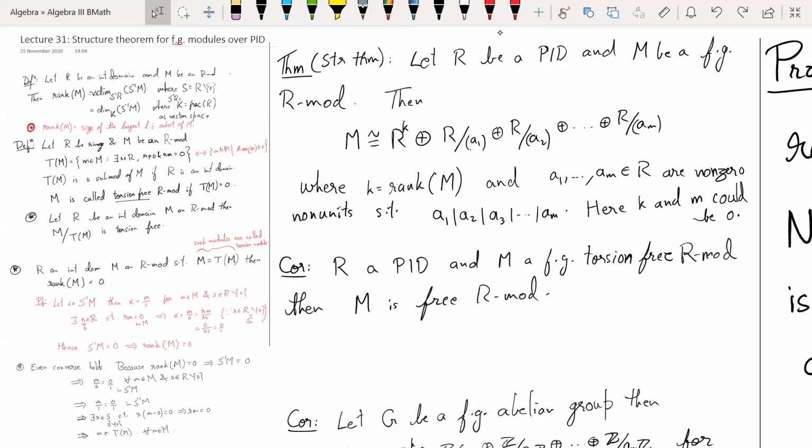In fact, if you localize Z with respect to any multiplicative set not containing 0, the rank will still remain 1. The problem is that in Q you can't find a linearly independent set of length greater than 1.